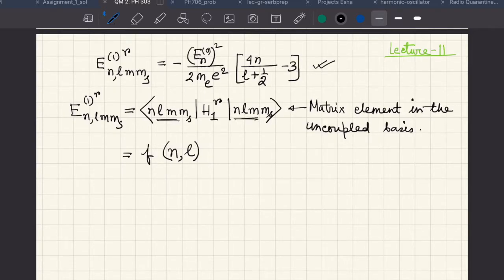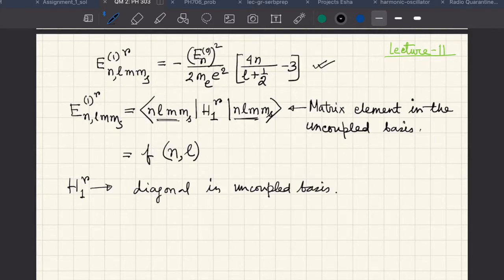The first thing that you observe is, of course, your H1R becomes diagonal. So that is the first observation that you can have. It becomes diagonal in the uncoupled basis.